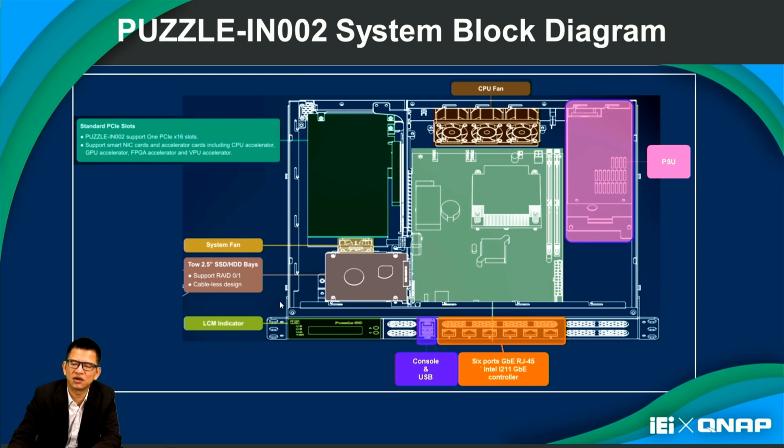Okay, this is the whole system. The pink mark here is a standard flex ATX power supply, 250 watt. On the left hand side, you can see a standard PCIe by 16.